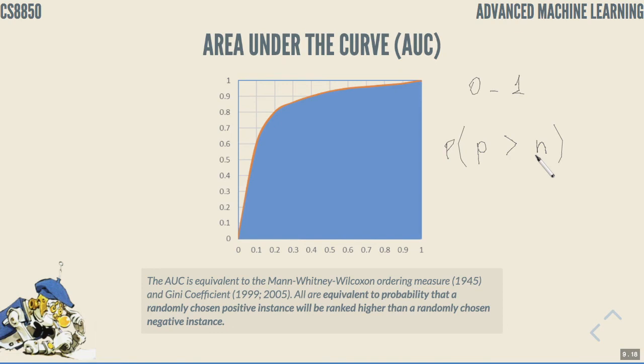So what that means is if you just sort all of your positives and negatives, those are positives, that it's higher, and say those are negatives.